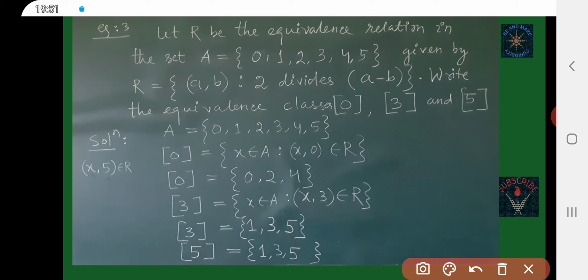Now (4, 5) does not belong to R, so you cannot take 4. (5, 5), yes, you can take it, it belongs to R, because 5 minus 5 equals 0, which is divisible by 2. So you can take 5. So these are the equivalence classes of 0, 3 and 5 respectively. Next.